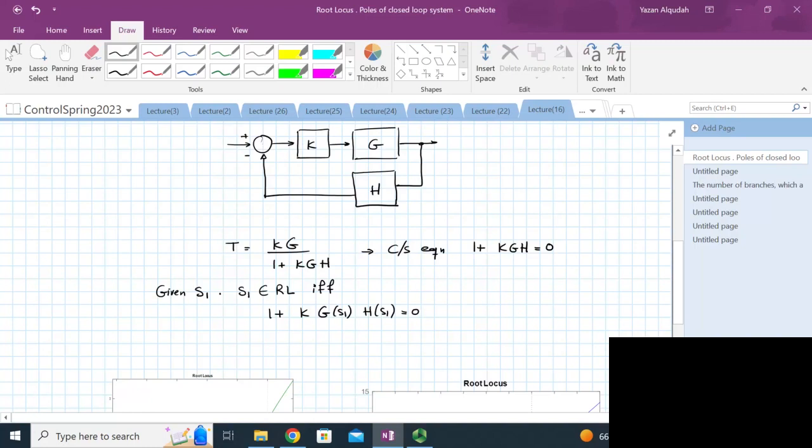Agree? If I take any point in the S space, S1 is going to be on the root locus if it satisfies this equation, 1 plus k multiplied by g multiplied by h is equal to 0, which means it's a pole of T of S. Together? Okay.